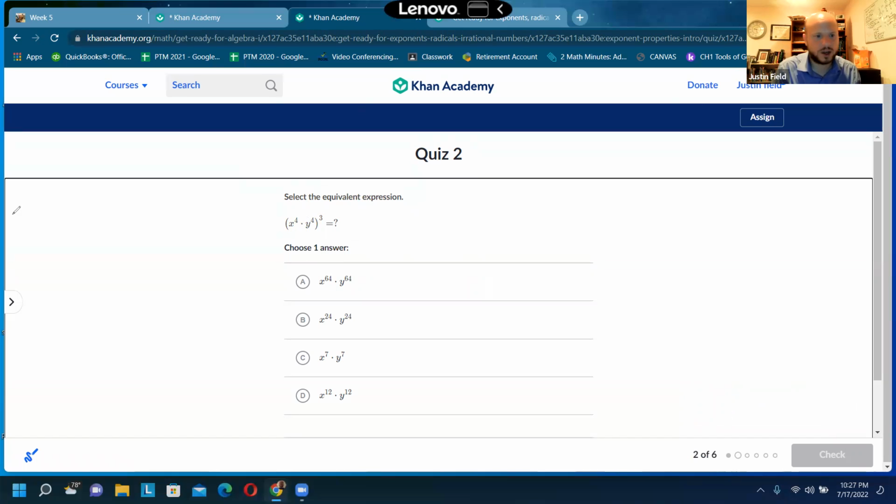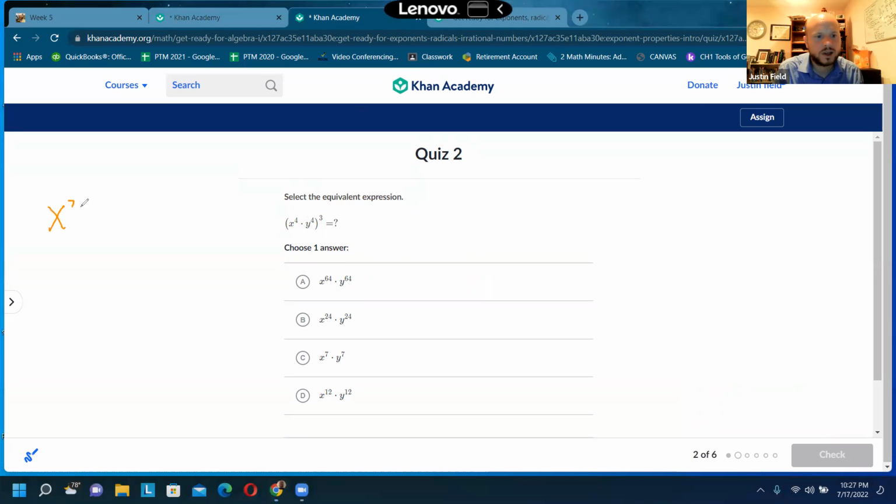So let's talk about the 3 rules here. Sometimes we are multiplying like terms, in which case we would add the exponents. Sometimes we are dividing like terms, in which case we would subtract the exponents. Oh well, look, it's still x to the 5th.